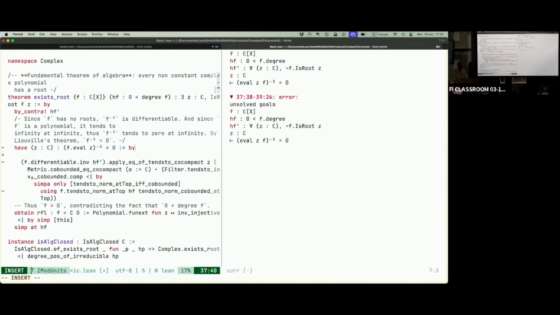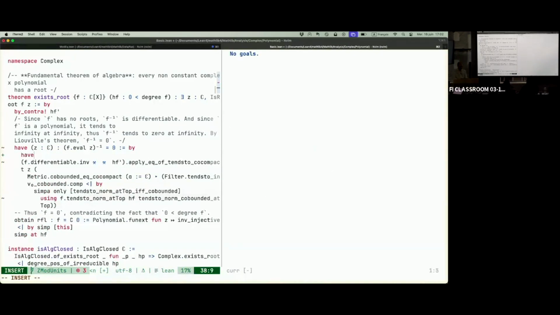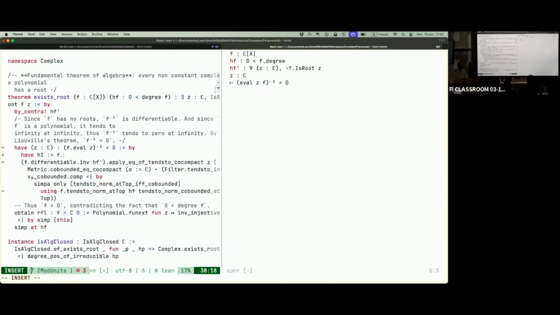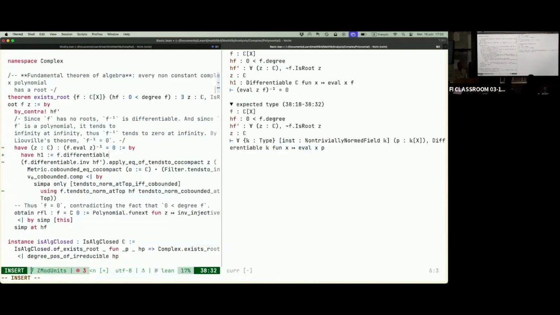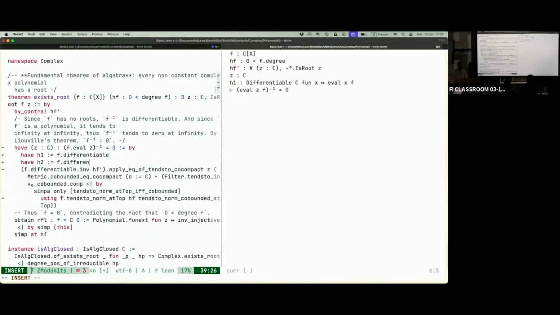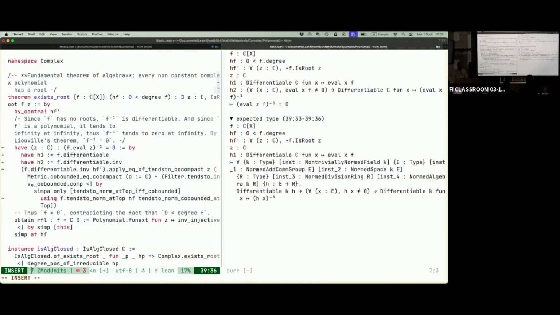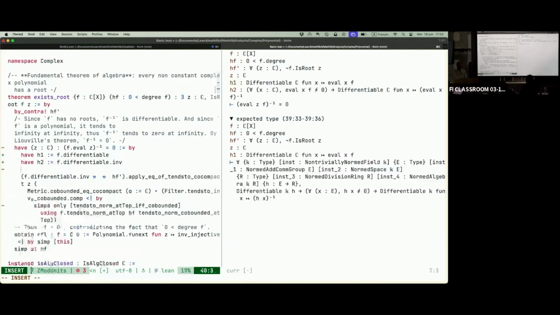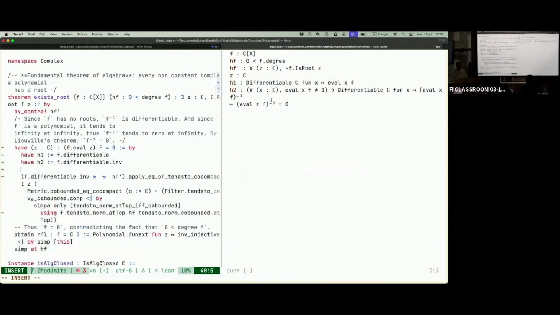So we can just try to unfold this. I will ruin the file, but so you see H1 says that the function is differentiable. H2 says that if I give myself a point at which the function is non-zero, then the inverse is differentiable.